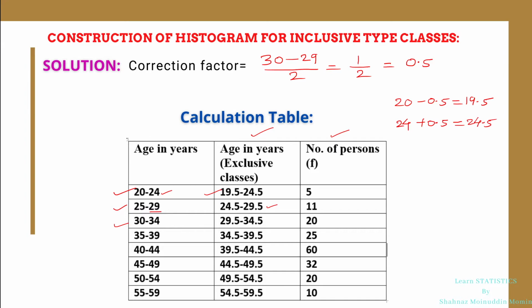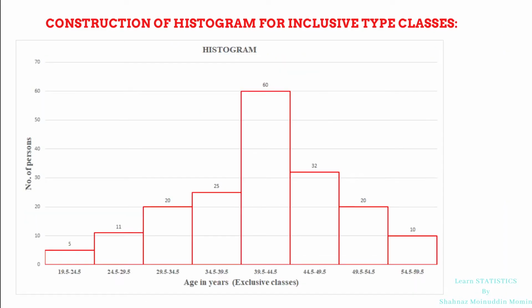Then we will draw the rectangles such that height of the rectangles is equal to the frequency of that particular classes.